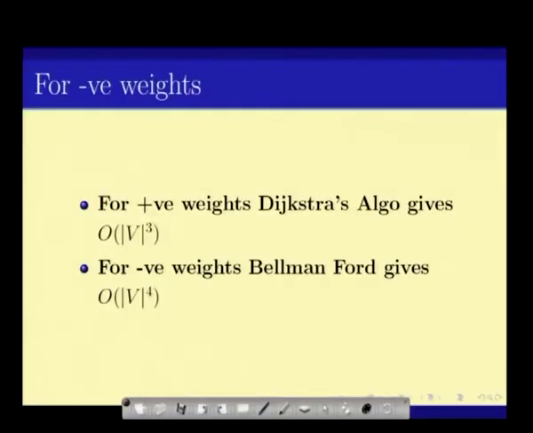I run it from all the possible vertices, and then I will get the shortest path for all pairs of vertices. So, clearly Dijkstra's algorithm will take order V squared times order V, so order V cubed, whereas the Bellman-Ford algorithm, which can also handle negative weights, will work in order V to the power 4. The question is, can we do better?